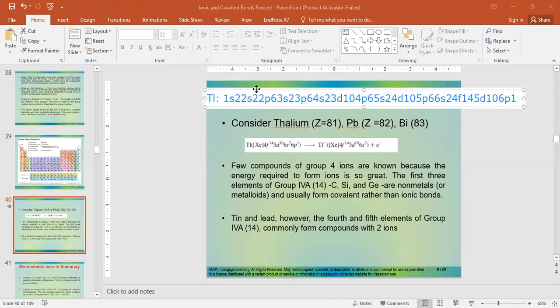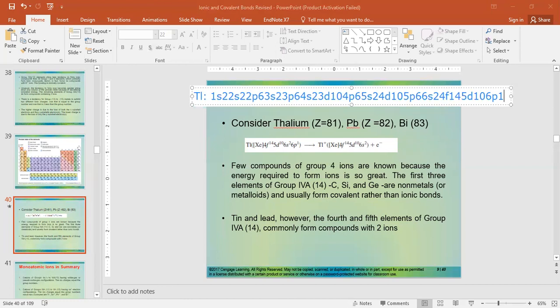I have extended it beyond the slide. Then I want to do that of lead. You know, these are elements that follow one another in the periodic table. Now, where do I put this?